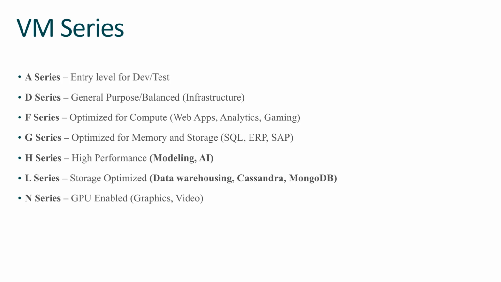If you're doing graphics rendering or analytics or AI that requires a GPU, it might be an N series. So understanding the capabilities of each series is going to go a long way towards identifying the type of VM that you want. And again, you can look at all this on the Azure help documentation. It's well documented on what these series do, what they're good at, and all the example use cases.